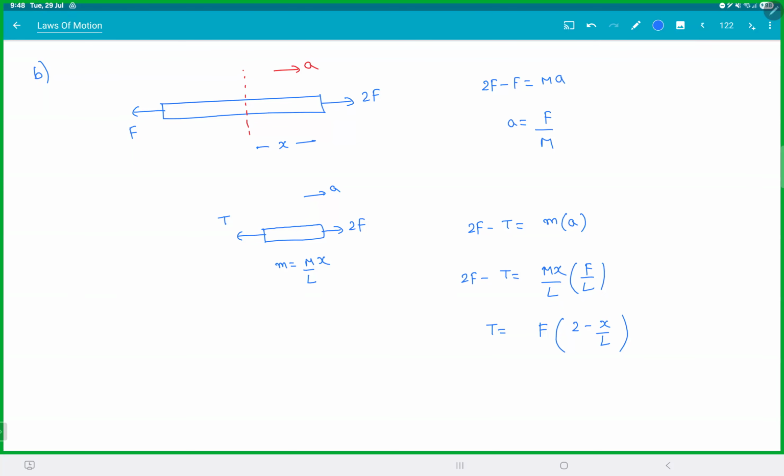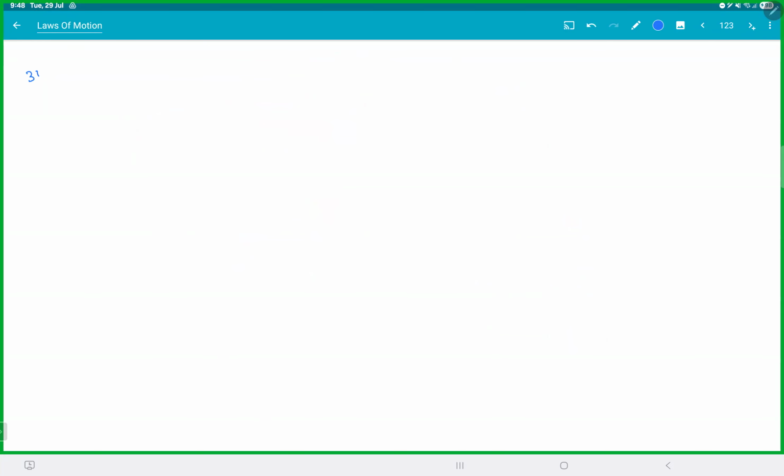Let's see one more like this. Let's say we have a 3 kg block. We have a 5 kg block. In the middle, we have a 2 kg rope. Rope has a mass now.